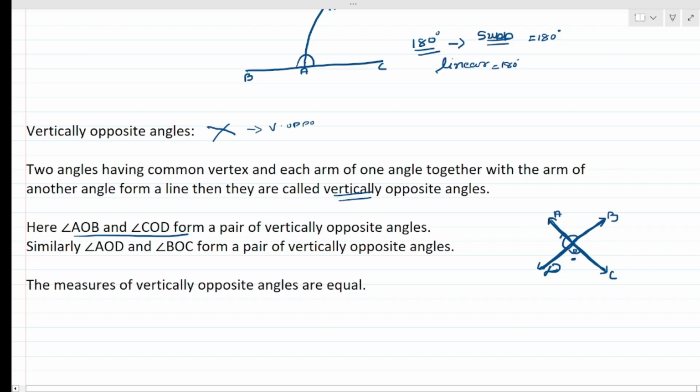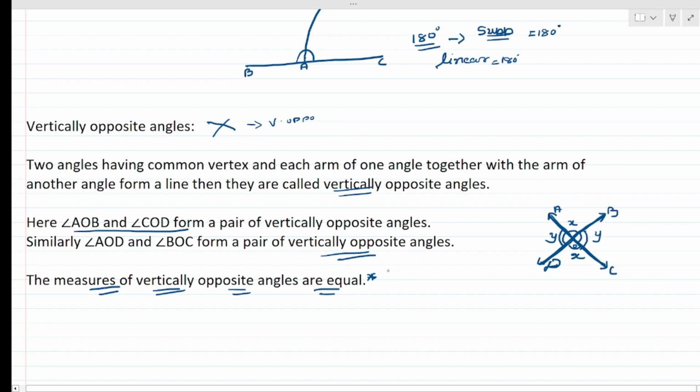And the next pair is angle AOD, which is opposite to angle BOC. These are called vertically opposite angles. The opposite sides of the vertices are considered vertically opposite angles. The measures of vertically opposite angles are equal. Important, you should know that. If my angle AOB is X, that means my angle DOC will also be X. Suppose my angle AOD is Y. That means our angle BOC will also be Y.